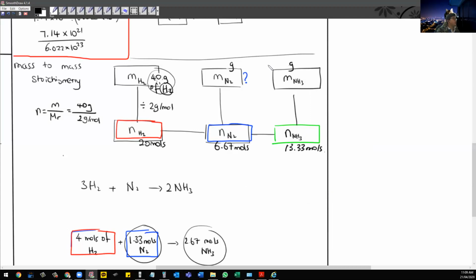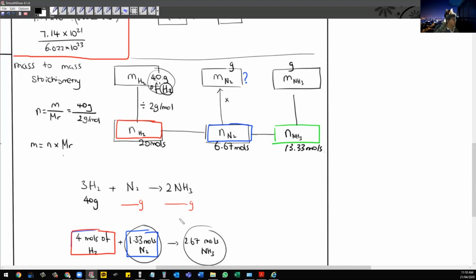Now the question is, if I use 40 grams of hydrogen, how many grams of nitrogen do I need? And how many grams of ammonia is produced? Okay, so that's the question. So you go up this way, and you figure out the mass. Mass is equal to number of moles times the molar mass, right?